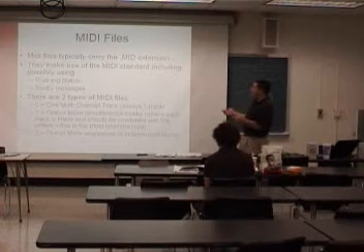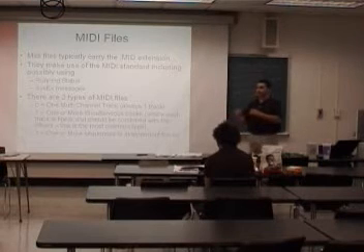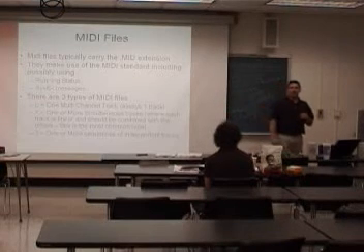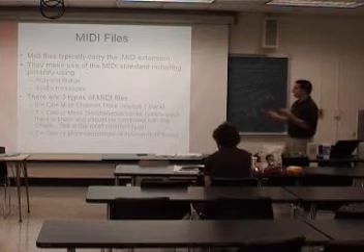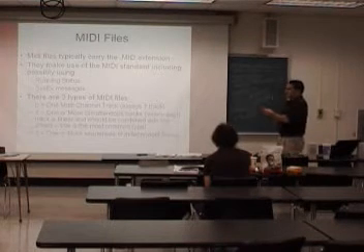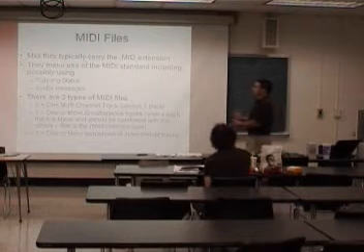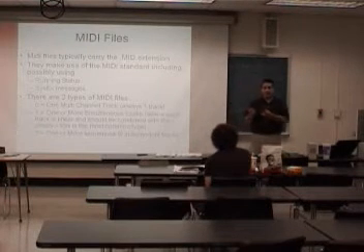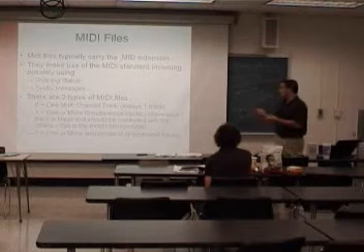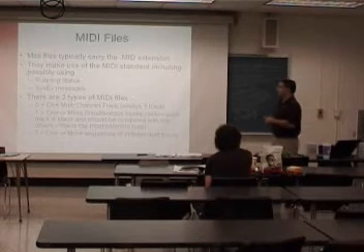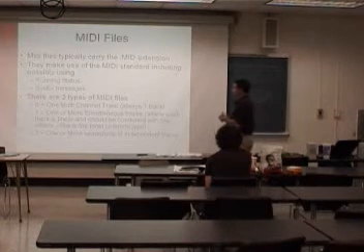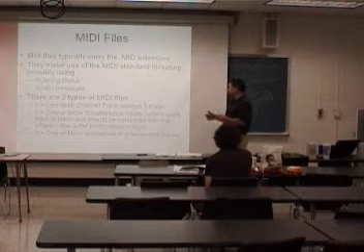Whereas type 1, which is more common, separates each channel into a separate track. Even though there's still the channel command in there, because you're taking the MIDI standard and putting it in a file, and so there's still the channel command inside that stream. It is written separately, so that everything's isolated. And that's more common, we'll see that.